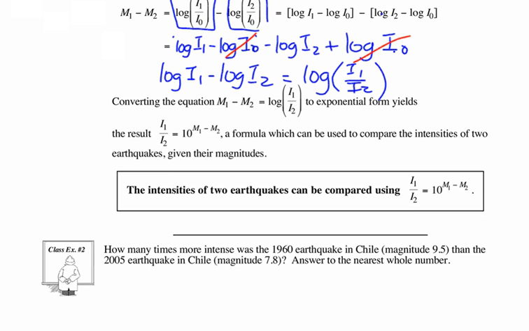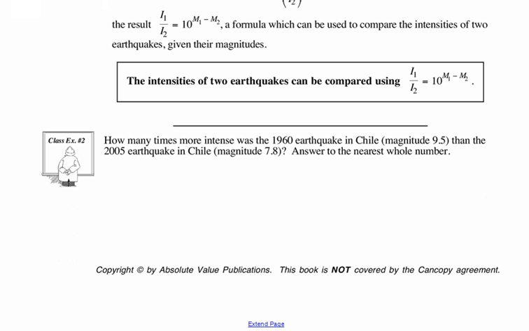So here's that formula. If we're comparing how many times more intense one thing is to the other, this is it. They're going to give you at least one formula on there if you're given an application question on your diploma. So let's try another problem. Can you try this on your own?